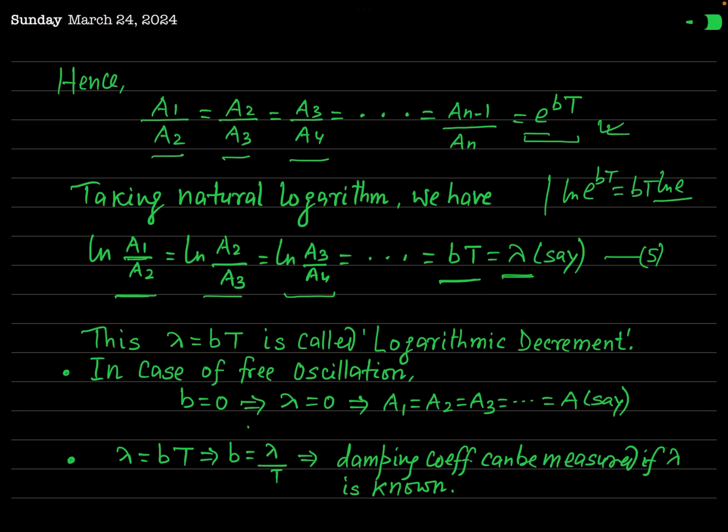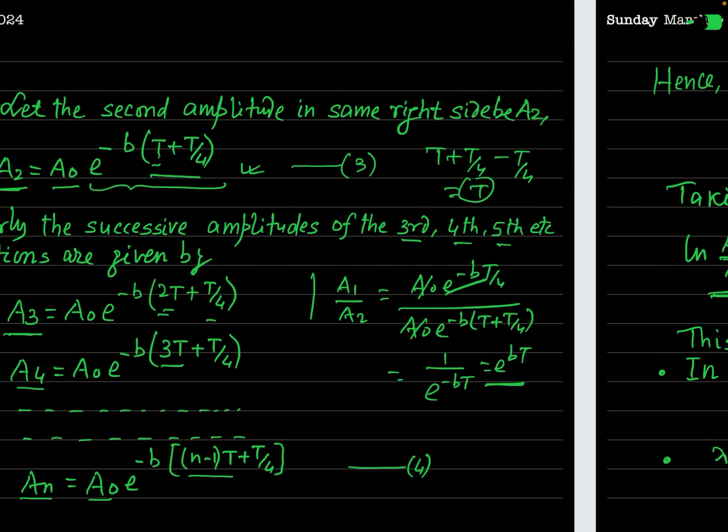So this is the natural log of two successive amplitudes on the same side of the equilibrium position separated by one time period. And as I defined earlier in the beginning of this lecture, the natural log of successive amplitudes of the oscillator separated by one time period on the same side is called logarithmic decrement.